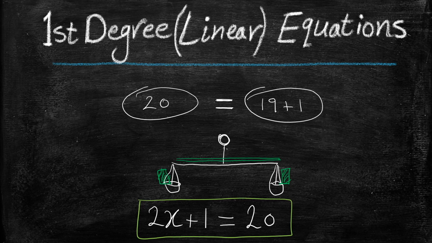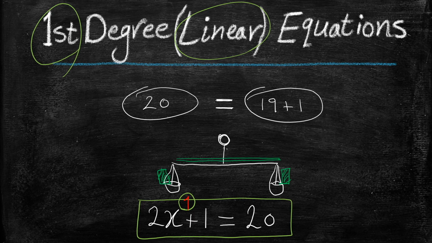What does that mean, first degree? Why do we call it first degree, or linear? Because the largest exponent of the unknown is 1. When we don't write the exponent, that is 1. So we don't see in this equation a single unknown that has an exponent larger than 1.